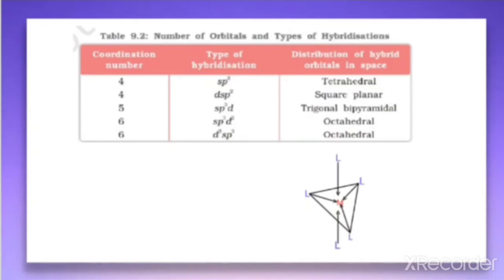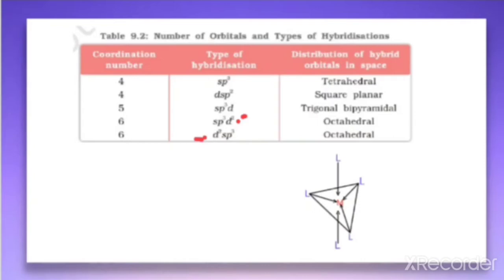And if the coordination number is 6, then there are 2 possibilities. It can form either an inner d complex or an outer d complex. In sp3d2, nd orbitals are involved in hybridization, but in d2sp3, the inner d orbitals, that is (n-1)d orbitals, are hybridized.